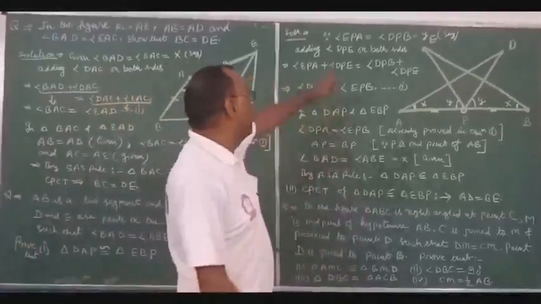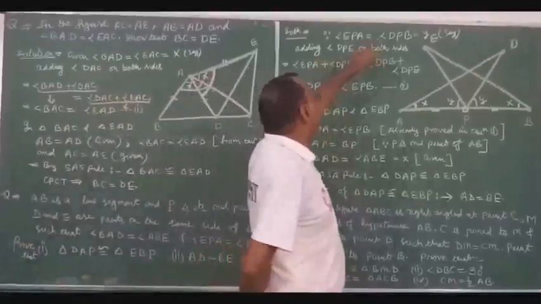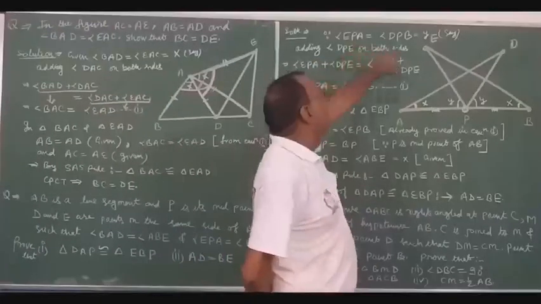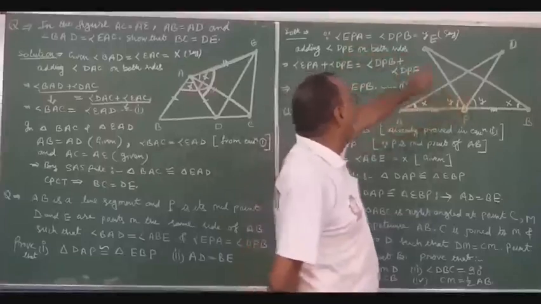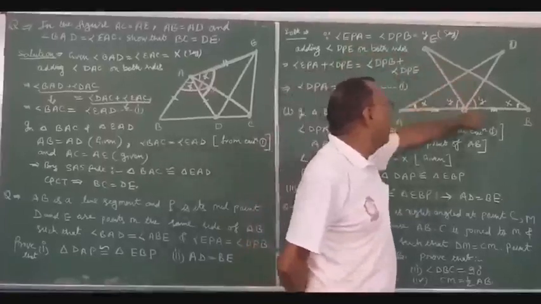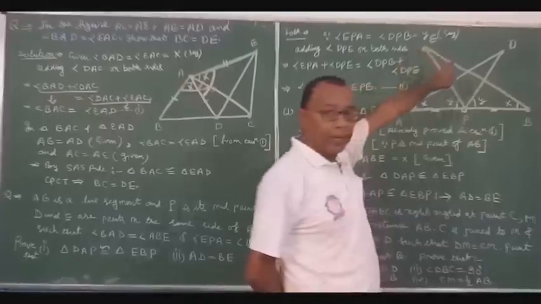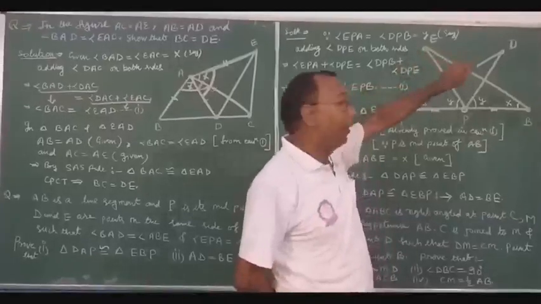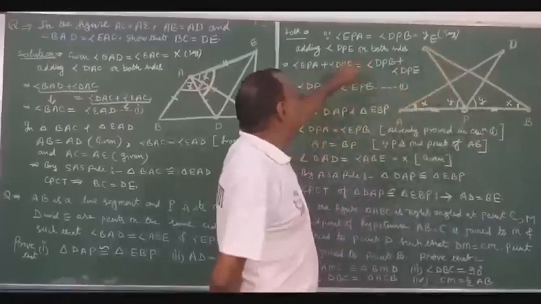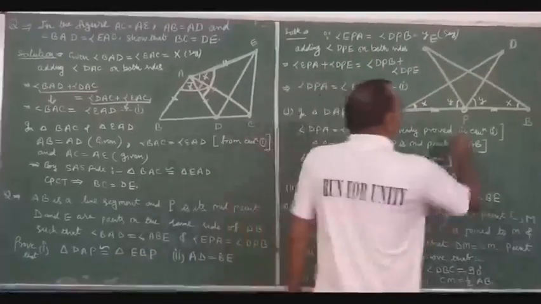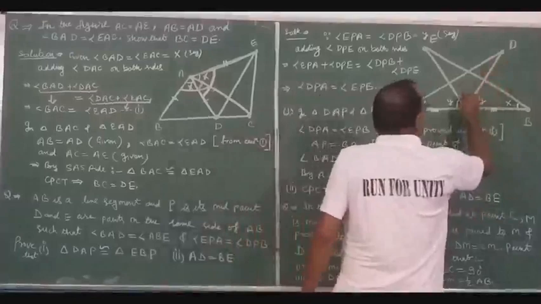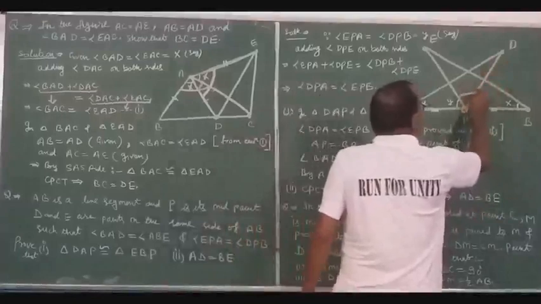So now just look here. You are given angle EPA is equal to DPB, it was given in the question. Both are equal to Y. Now adding angle DPE on both the sides, this angle DPE.